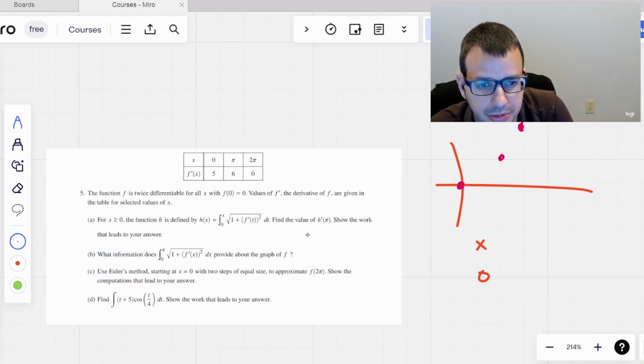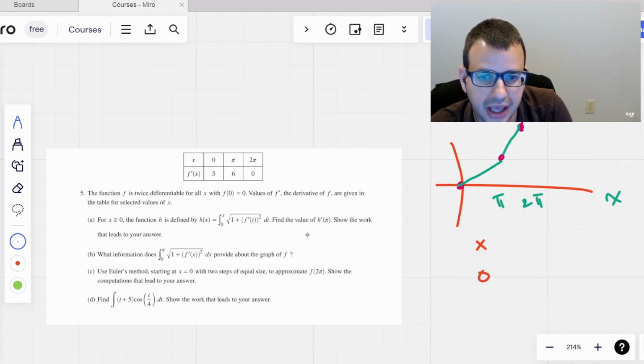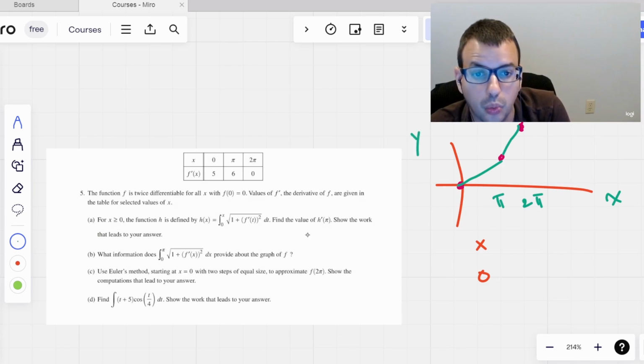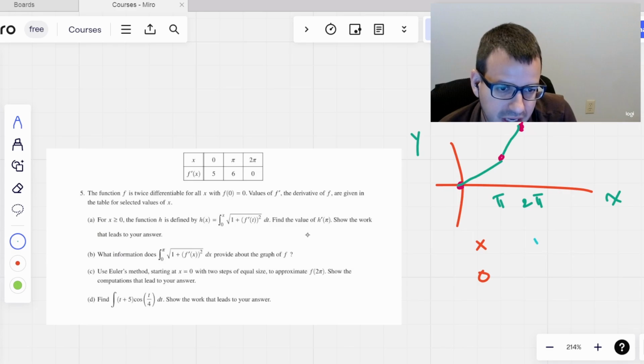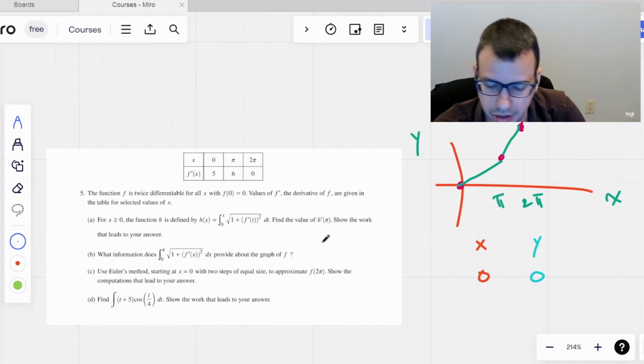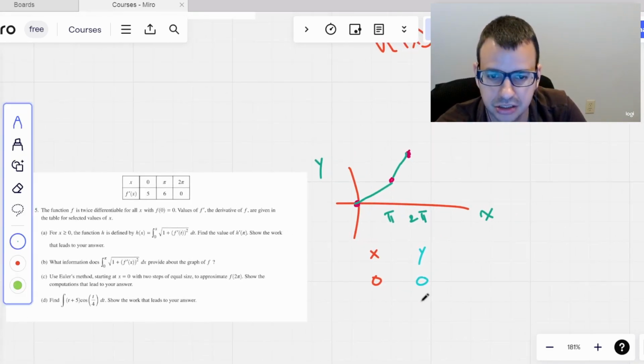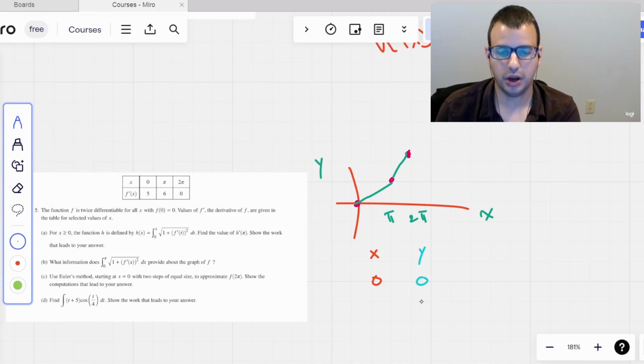Our first step is going to be like this, and that's going to be at pi. Our second step is going to be like that, and that's going to be at 2 pi. I'm going to call this x and this y, just for convenience. I could do f of x, but it's just easier to write this way.